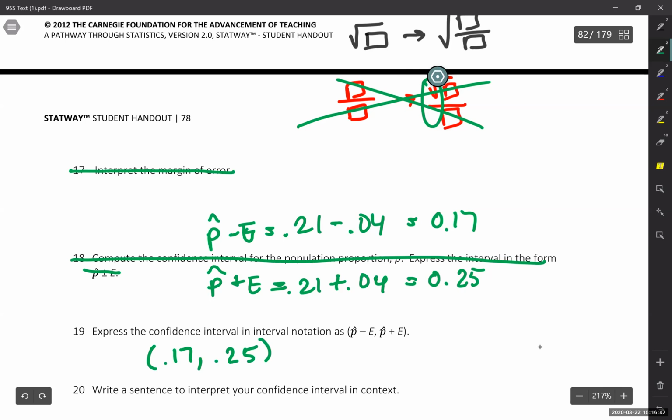And so writing it in the notation, smaller one on the left, bigger one on the right, and finally writing a sentence.